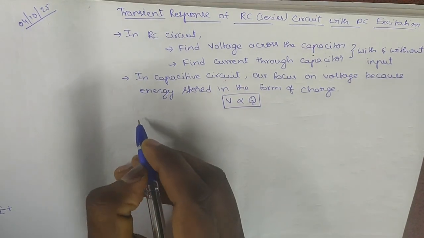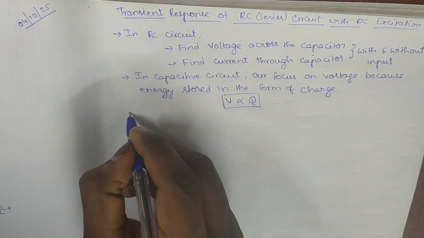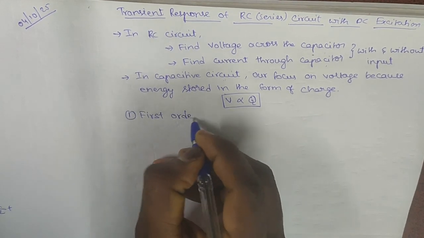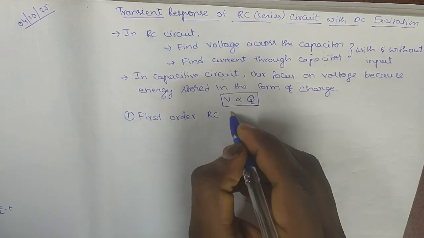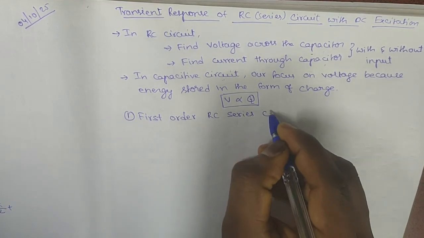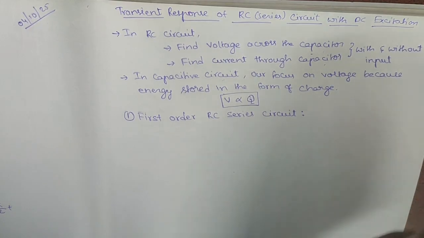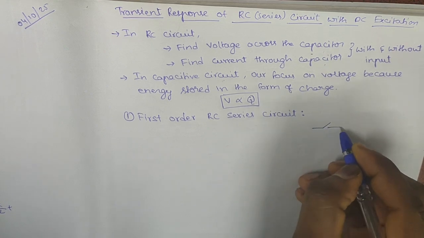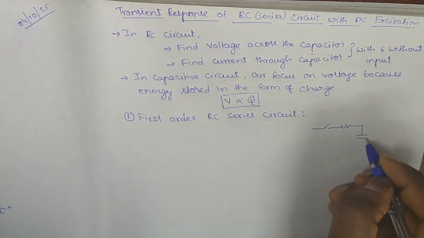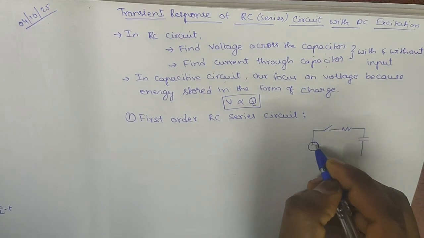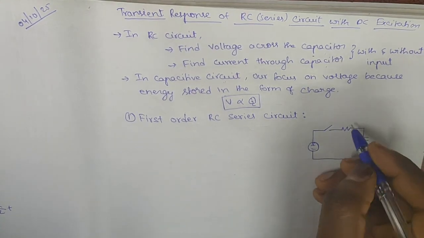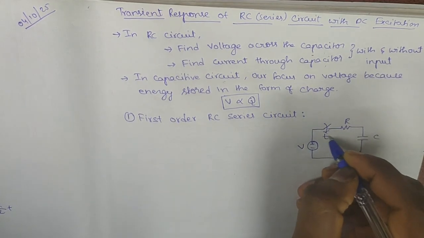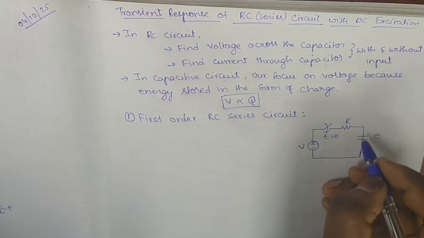So for a first order RC series circuit, at t equal to 0, the switch is closed.